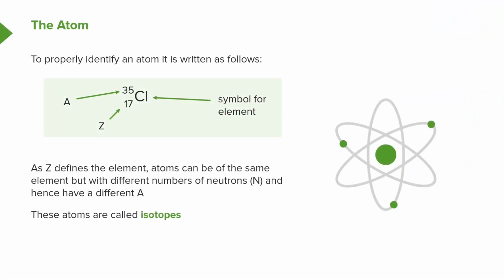So here we have an example of an atom. To properly identify it, it is written thus. Note, we have the chemical symbol for this particular element, Cl. This correlates to chlorine. As you will see, if you interrogate the periodic table, you will often see elements which ostensibly don't make any sense in English or indeed in any other European language, because they are actually derived from the Latin or the Greek.